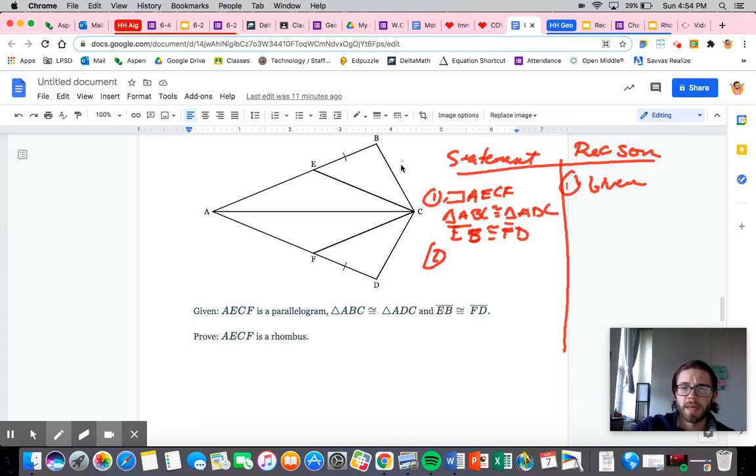The whole big thing. Well, I know that this angle up here is congruent to this angle down here. So let me just write that. Angle ABC is congruent to angle CDA. Okay, CPCTC.